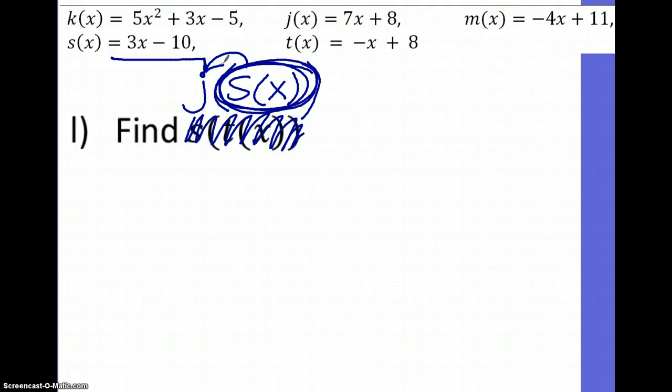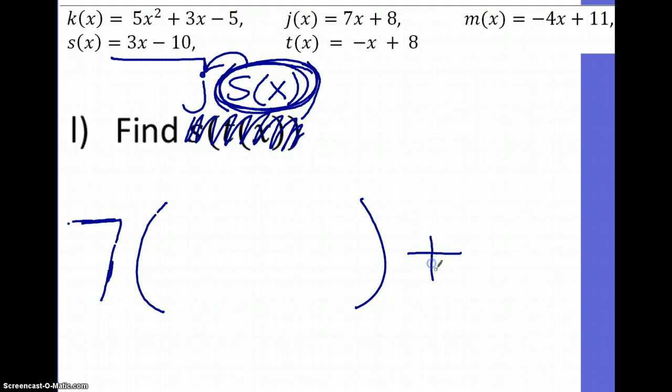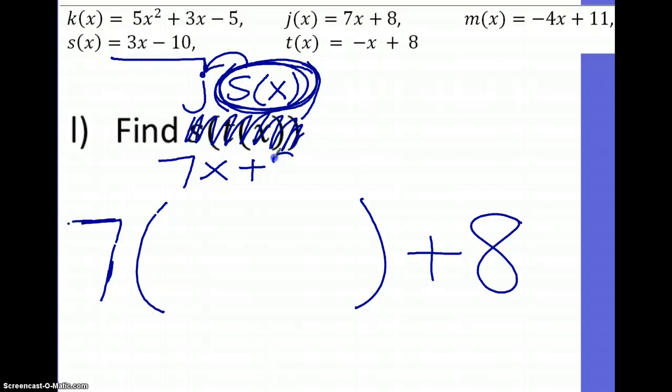So I need to start with j. I write out the j function, 7, parentheses, plus 8. Okay, that's my j function, right? J is 7x plus 8.